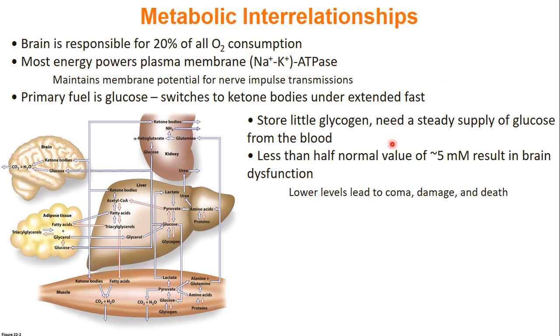The brain doesn't really store energy, so it stores little glycogen and constantly needs glucose from the blood. If you drop under half of your normal glucose levels, which is roughly 5 millimolar, your brain will be dysfunctional, and even lower levels can eventually lead to coma, permanent damage, or death.